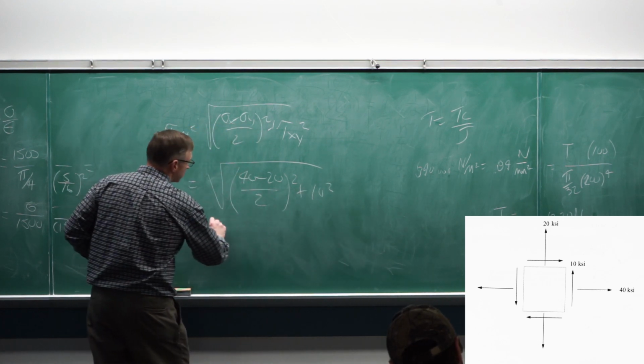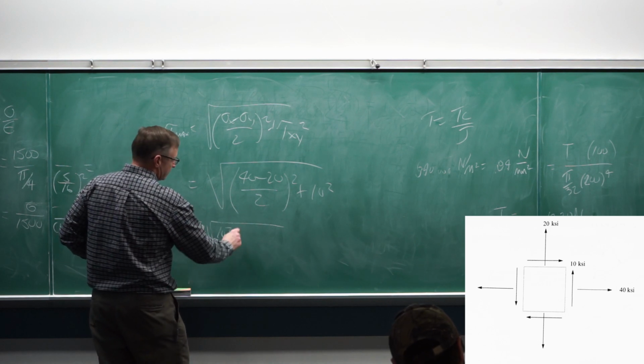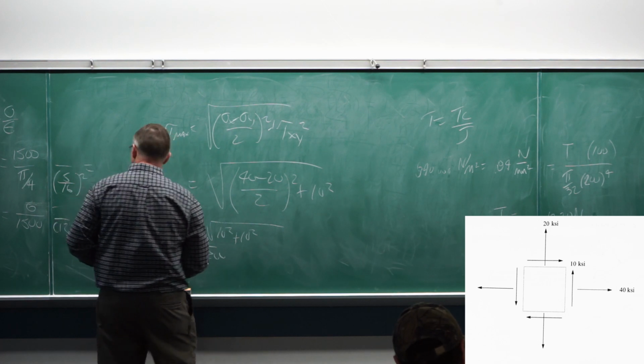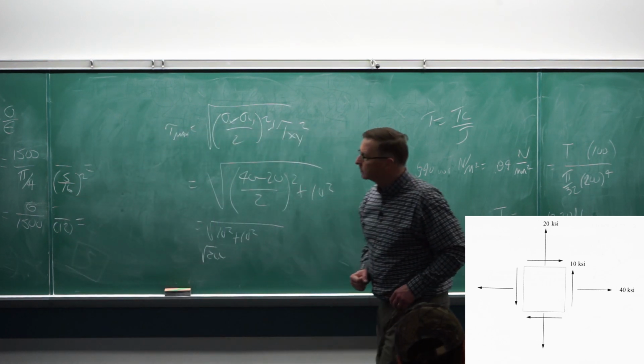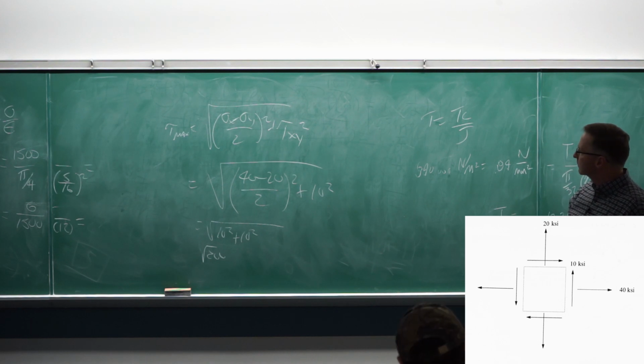So this is the square root of 10 squared plus 10 squared, square root of 200, 14.14, there you go.